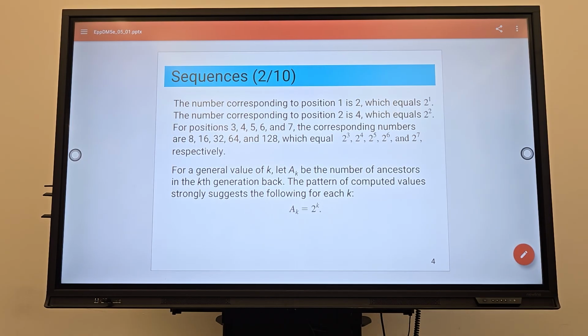For a general value of k, let a sub k be the number of ancestors in the kth generation back. The pattern of computed values strongly suggests the following for each k. A sub k equals 2 to the k.